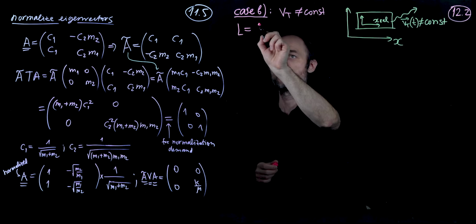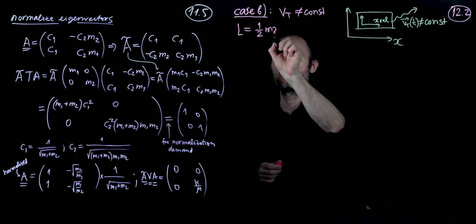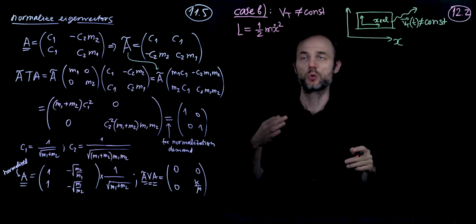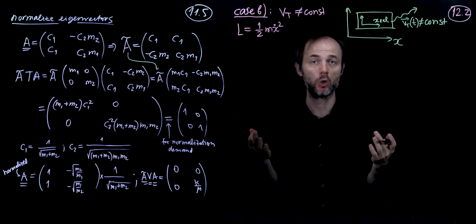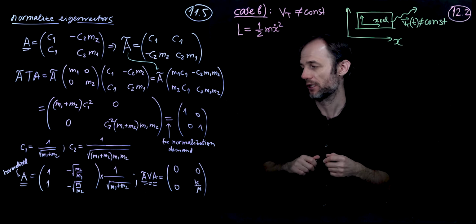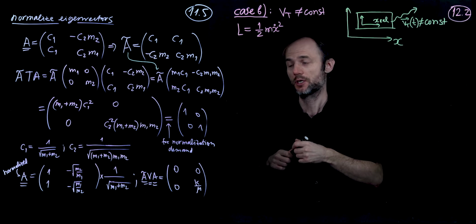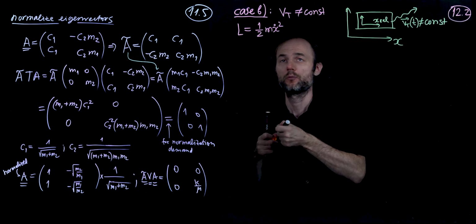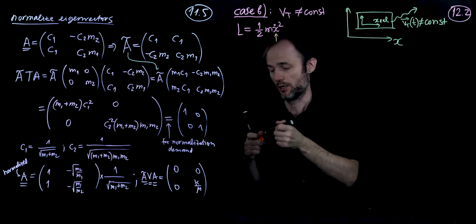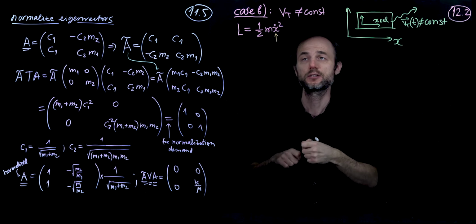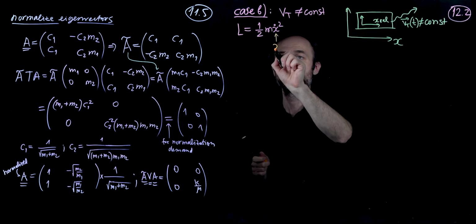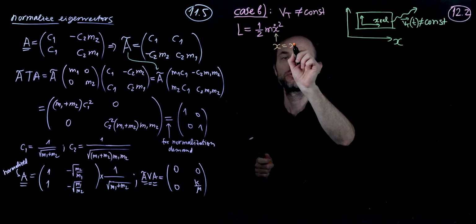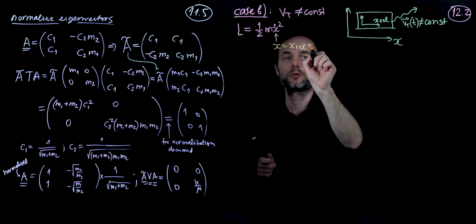The Lagrangian is equal to 1/2 of m x dot squared. So as usual, in the lab frame, we can always write down the Lagrangian like that. And of course, we're going to plug into here the expression for x in terms of x rel. So that would be x is equal to x rel plus v t.